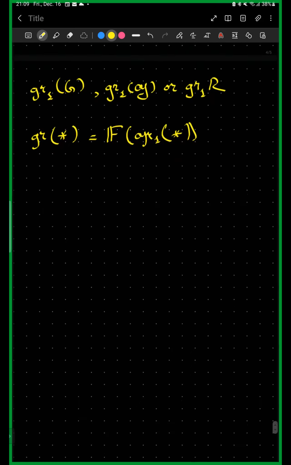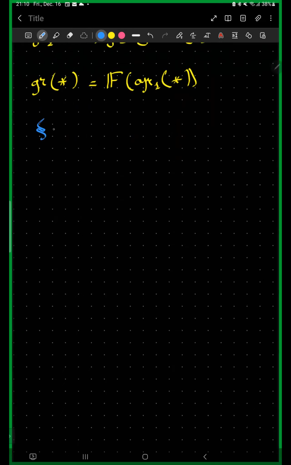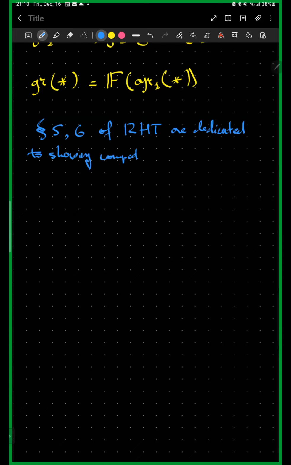And so I guess sections 5 and 6 of rational homotopy theory are dedicated to showing compatibility of these equivalences with multiplications.